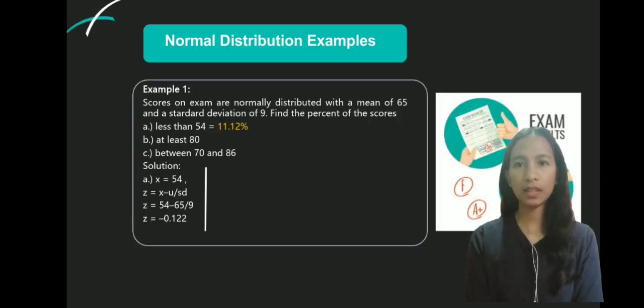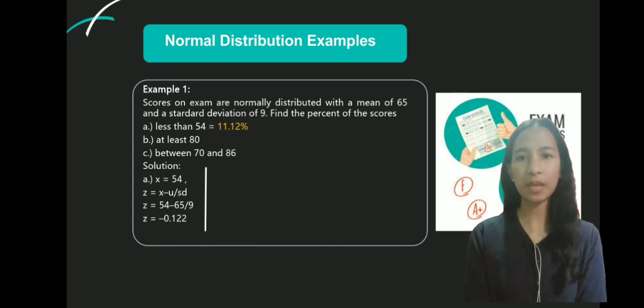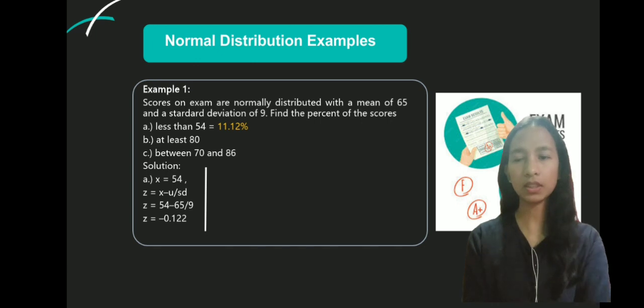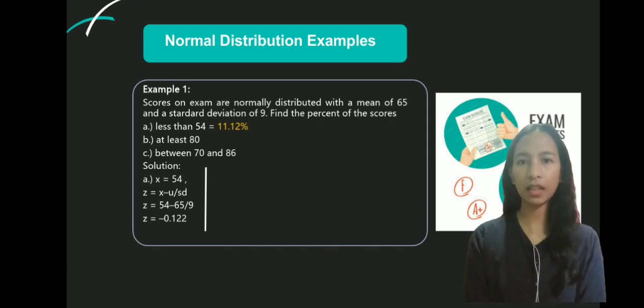Now, let's proceed to the examples of normal distribution. Example 1. The scores on an exam are normally distributed with a mean of 65 and a standard deviation of 9. We want to find the percentage of scores that are less than 54. Given values: mean equals 65, standard deviation is equal to 9. To calculate this, we first find the z-score using the formula z equals x minus mean divided by standard deviation.